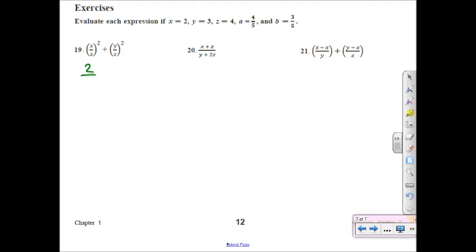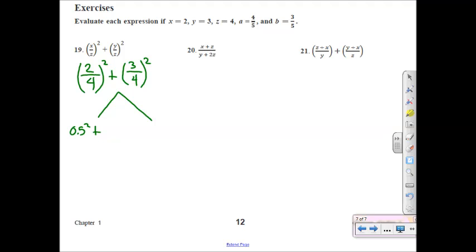X is 2 over Z is 4 squared, plus Y is 3 over Z is 4 squared. And you can do this 2 different ways. You can keep them as fractions, or you can do them as decimals. If you do them as decimals, you would do 2 divided by 4 is 0.5.